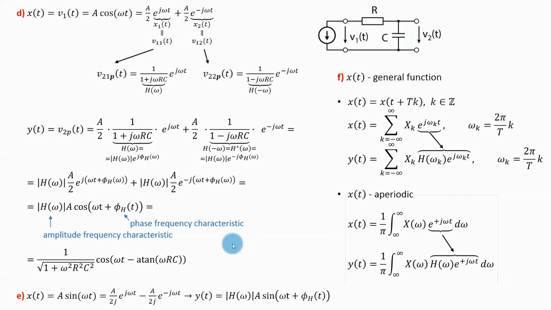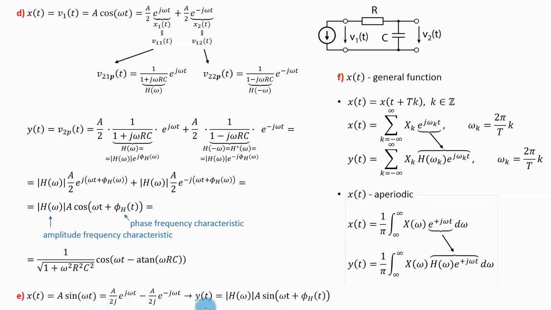So this is how our system responds to a cosine. It changes its amplitude and shifts its phase. And the amplification in amplitude is given by the amplitude frequency characteristic, and the shift in phase is given by the phase frequency characteristic.